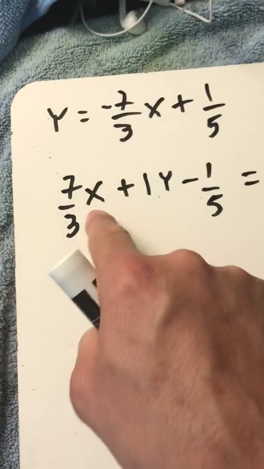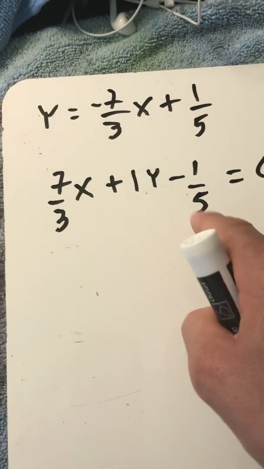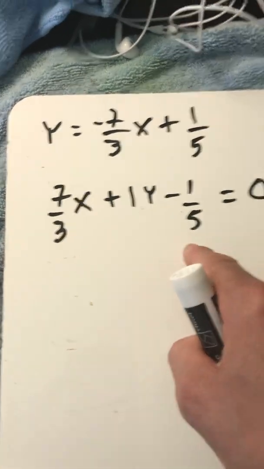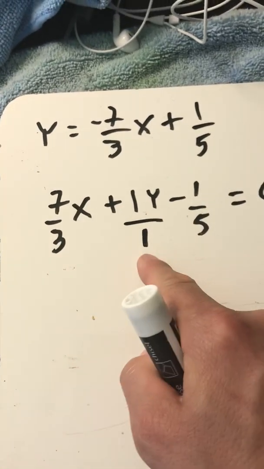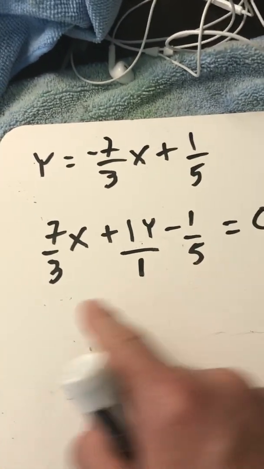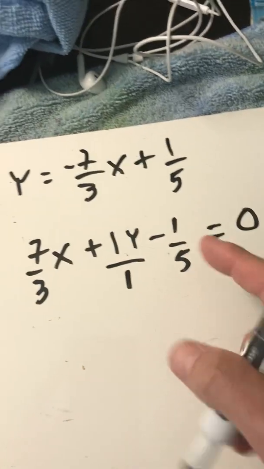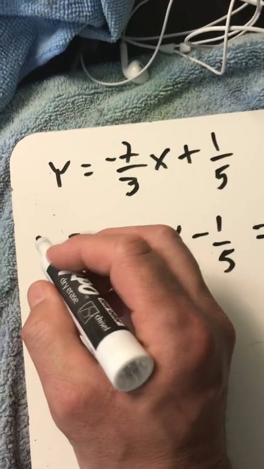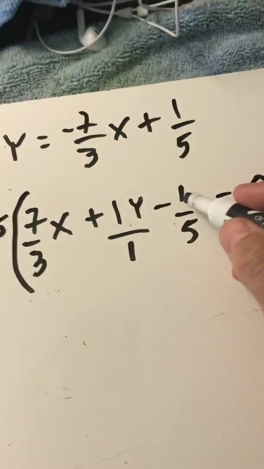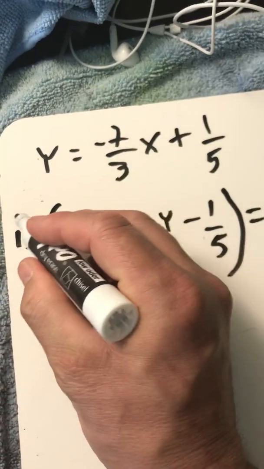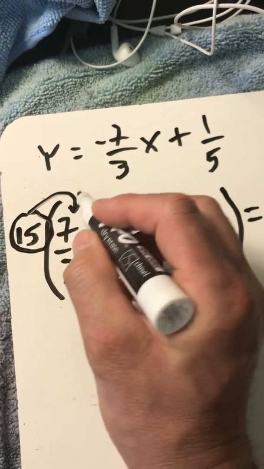But they don't want fractions in front of these. They don't want any fractions. They want all these to be whole numbers. So we need a common denominator of 3, 1, and 5. Well, that's 15. So since there's an equal sign, you can do the Trayvon Diggs. Multiply every term times 15. Every term. Times 15.